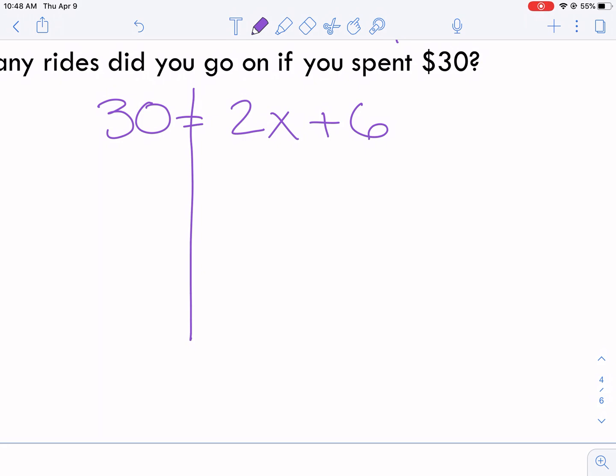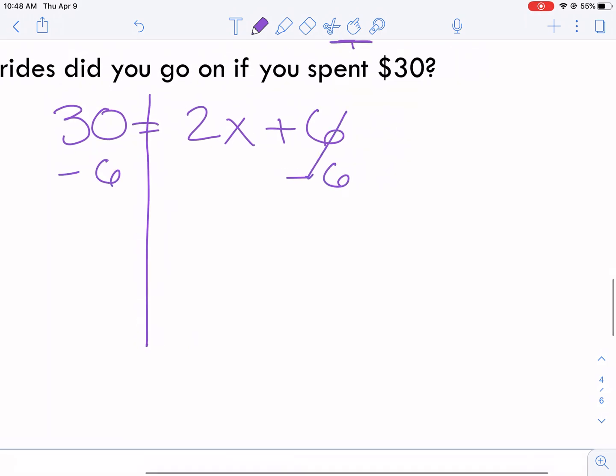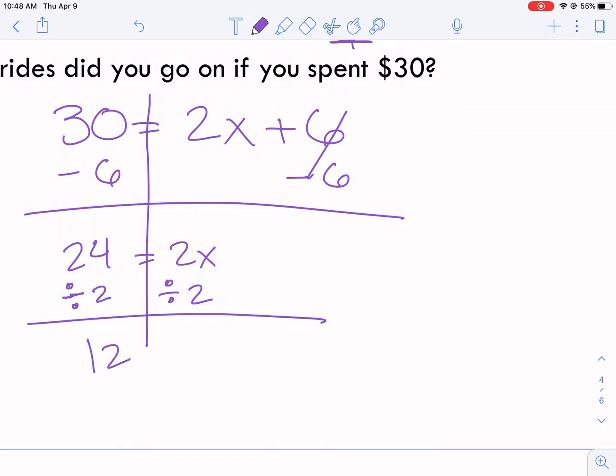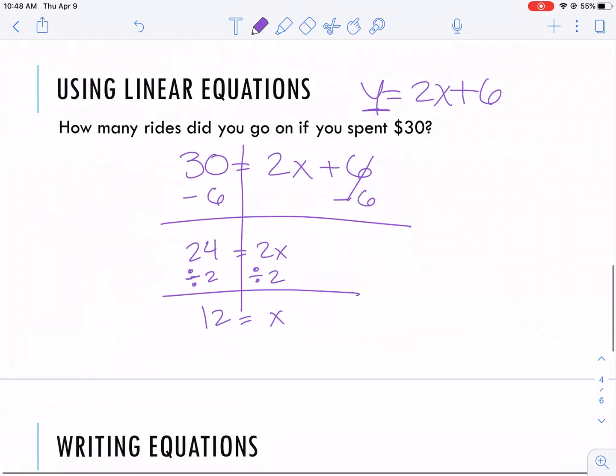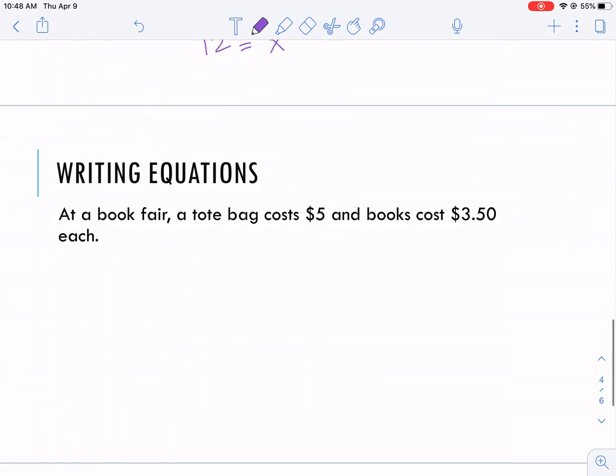So I draw my line. I'm going to subtract 6. So 24 equals 2x. We're going to divide by 2. 12 equals x. So if we spent $30, we went on 12 rides. That's the answer, okay?